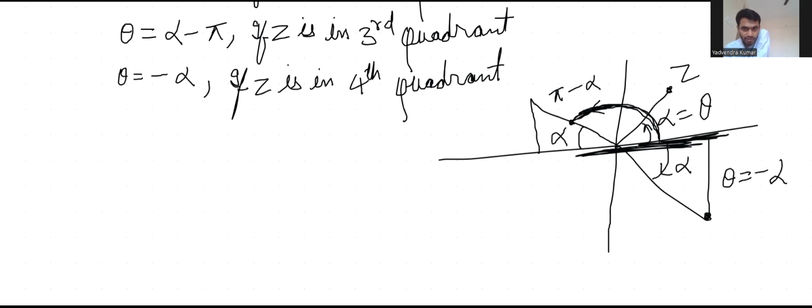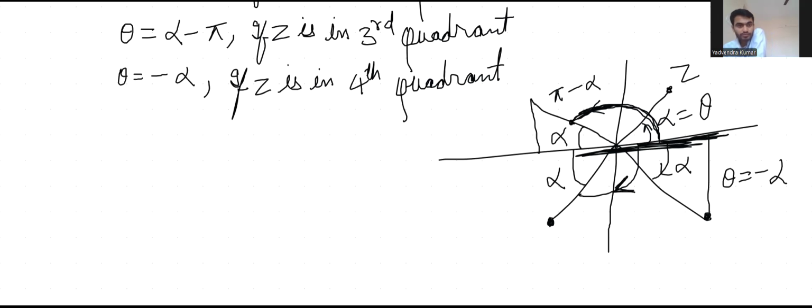So in this quadrant, theta will be minus alpha. But if you are coming to the third quadrant, and you are looking at alpha, then after calculation you will get alpha as this angle. But you have to calculate this angle, right? Keep in mind, anti-clockwise is the positive angle, and if you are going clockwise, it's a negative angle. Now how are we going to calculate this angle?